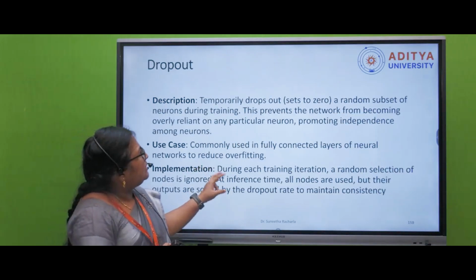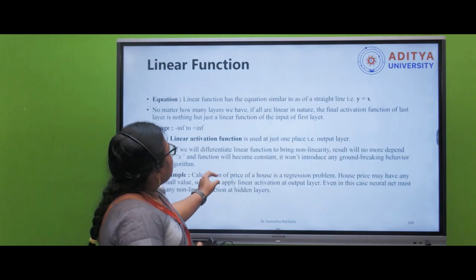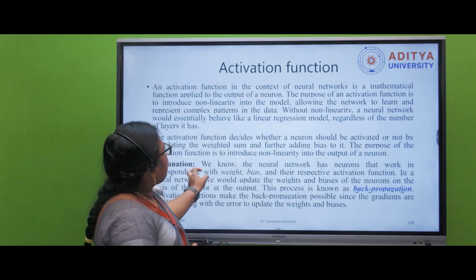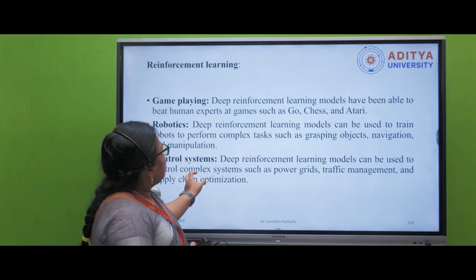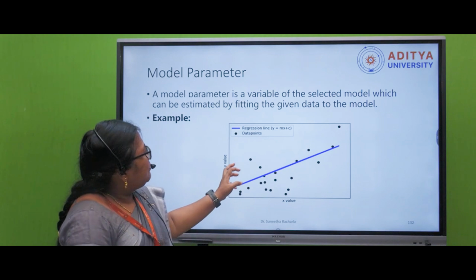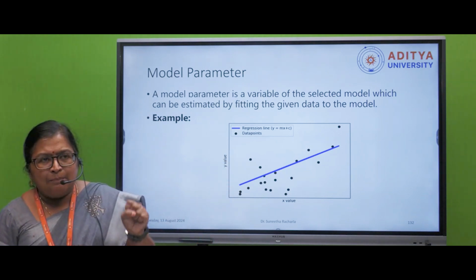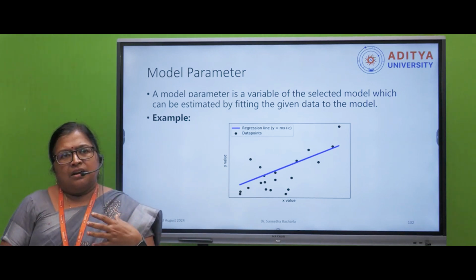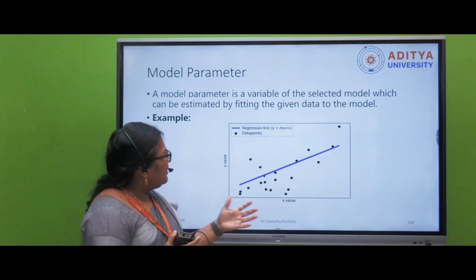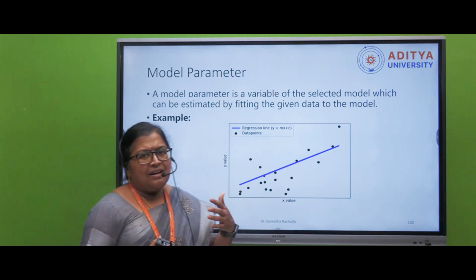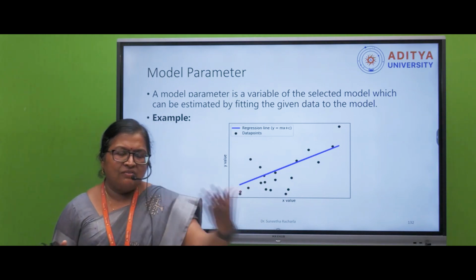And one simple concept I left from yesterday's class: hyperparameter and model parameter. A model parameter is whatever is updated while the model is being trained, while the algorithm is running. A hyperparameter is a value we give from outside.